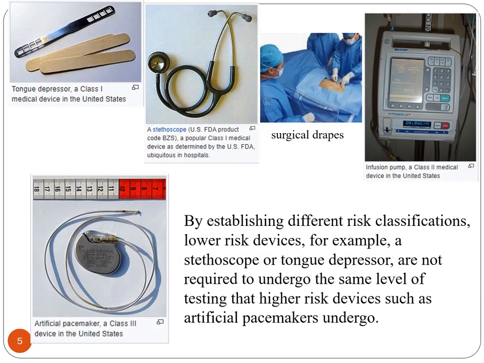For example, this is a tongue depressor, a class 1 medical device in the United States. We have a stethoscope, which according to the US FDA is also a class 1 medical device. The surgical drapes and the dressings for surgical operations are class 2, due to the potential for risk if there is a misuse or a mistake.